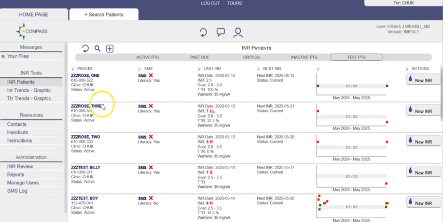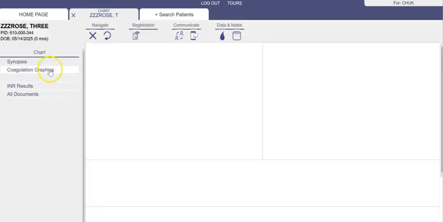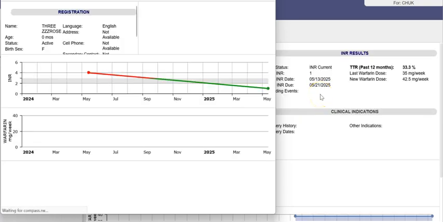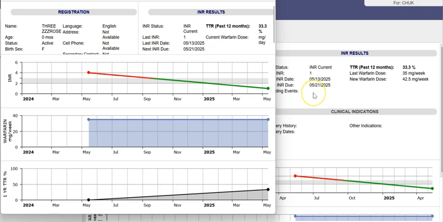So the final demonstration is 3 ZZZ Rose. And this patient also had 2 INRs. The first was high at 4 a year ago, and the second was low at 1.